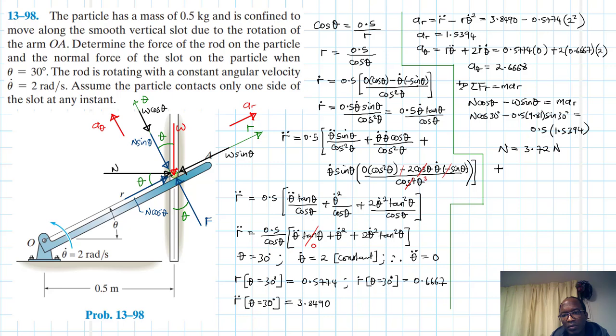Great. Then we have summation of forces in the theta direction equal to m A theta, going in this direction being our reference. We have F minus N sine theta minus W cos theta equal to m A theta.